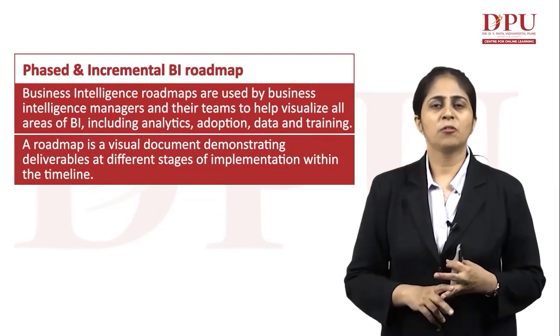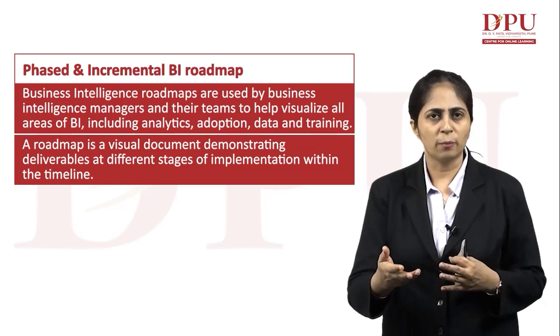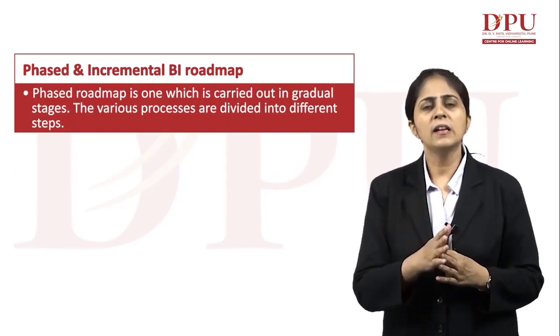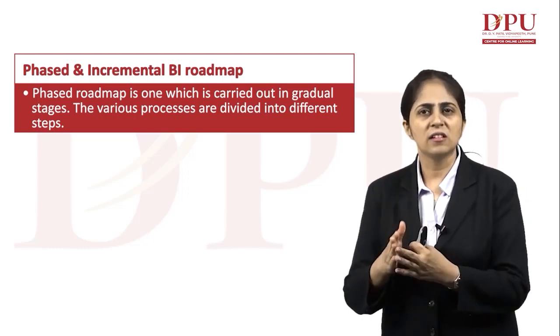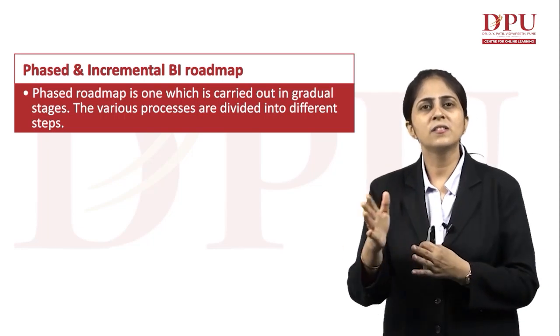Now we have two types of roadmap. One is a phased roadmap, another is an incremental roadmap. A phased roadmap is one which is carried out in gradual stages. The various processes are divided into different steps.